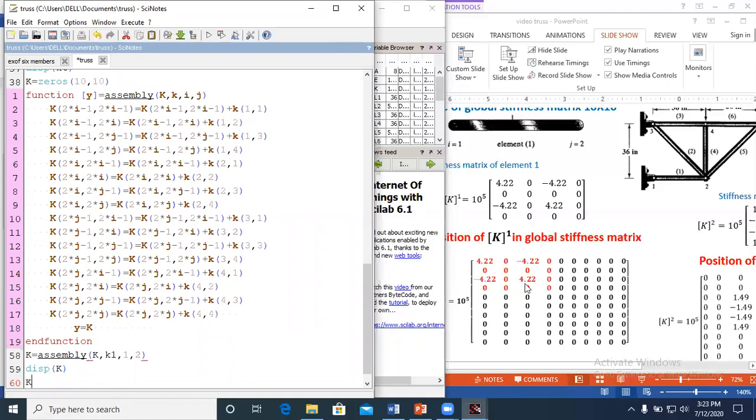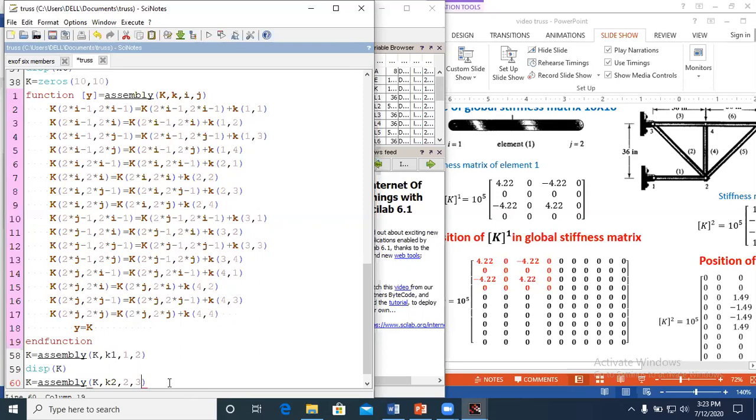So this matrix will be modified by putting these elements at their appropriate locations. Now k is equal to assembly of k comma, now it is k2 and k2 is connected to the node number 2 and 3, therefore I is 2 and j is 3.